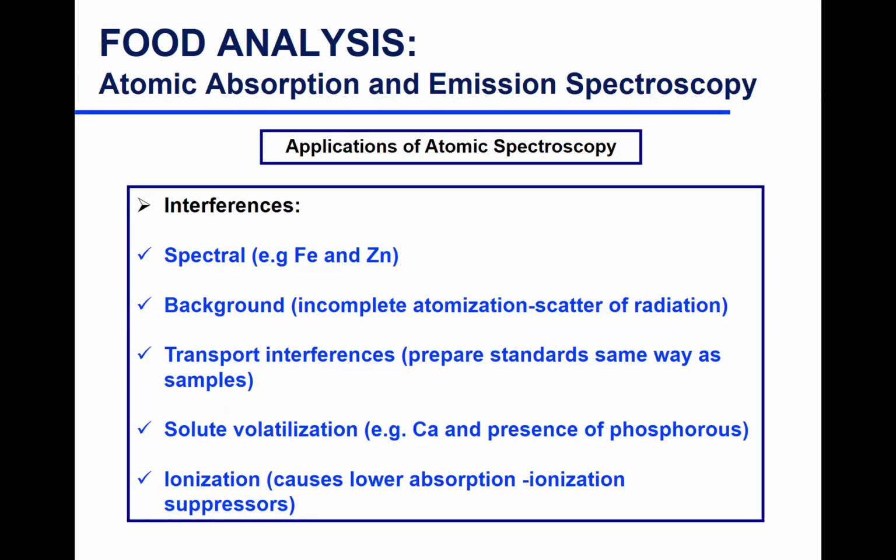Now, life is not perfect, and there's always interference. So we have interferences we call spectral interferences. For example, iron and zinc have the same or very similar lambda max. So if we put our atomic absorption monochromator at one wavelength that is optimum for iron, it would be the same as zinc, and I'd be measuring both iron and zinc and calling it iron.